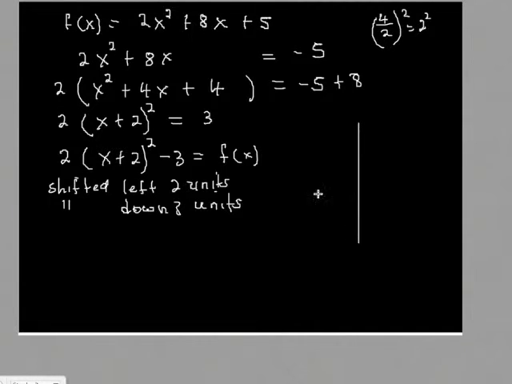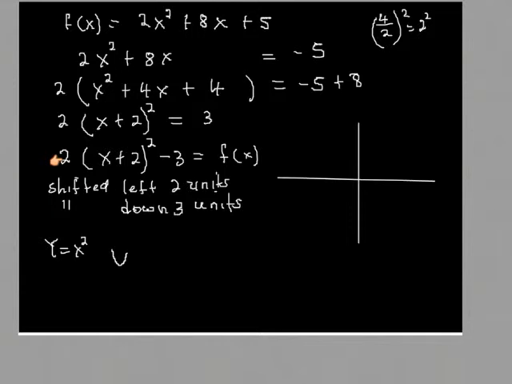So your parent equation is actually y is equal to x squared, and you already know that this is a parabola, but we have something else that we need to worry about, and that is the 2 here. This 2 means it's a vertical stretch.